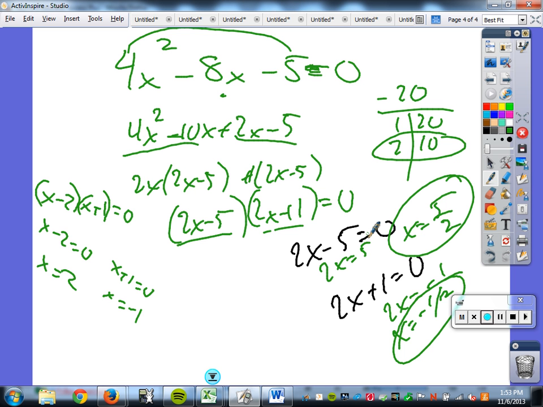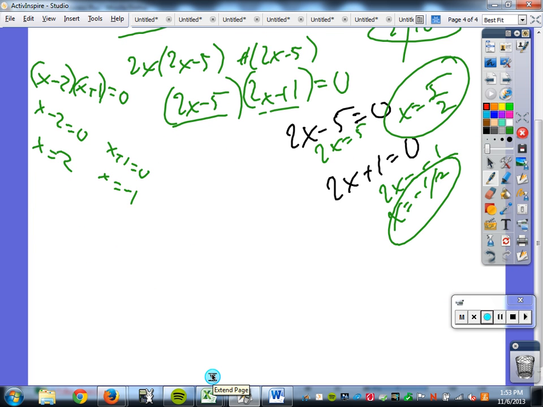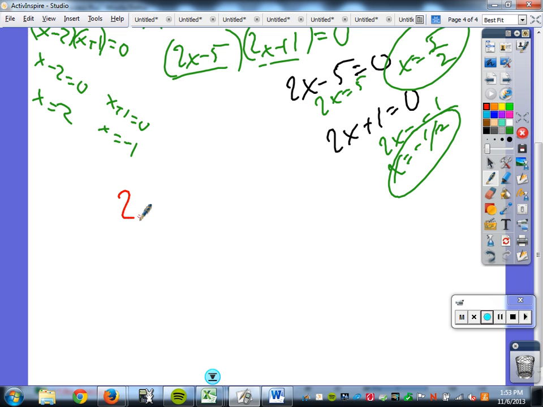Now watch me plug it back in. 2 and a half is the same thing as 5 halves, right? So Mike, I have 2, and what was the value that made him 0 again? 5 halves. So I have 2 times 5 halves minus 5, and this cancels. What's that? 0.